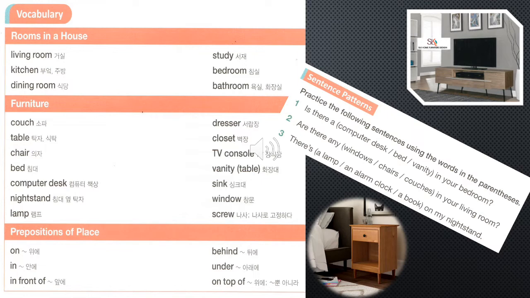A TV console, if you look in the picture over here on the right, you'll see that is a piece of furniture that holds your TV and other electronics if you have them.